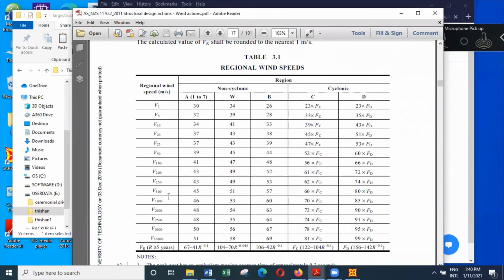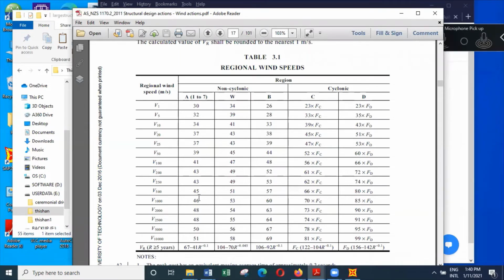So finally you will find the effect is more or less the same. Basically, when you are designing for ultimate limit state, you will design for a higher wind speed, which means you will end up with a higher wind force. Under service conditions, you use a lower wind speed. Under the ultimate conditions, you use a higher wind speed.